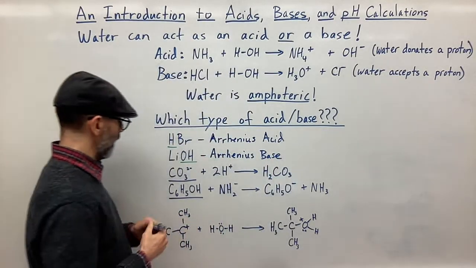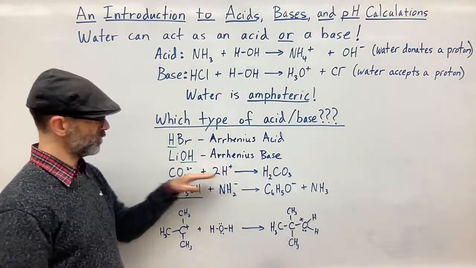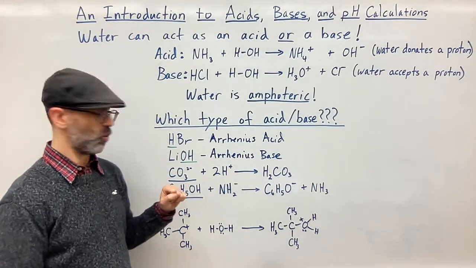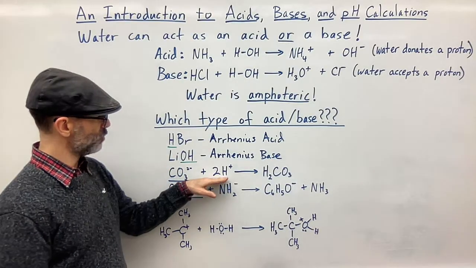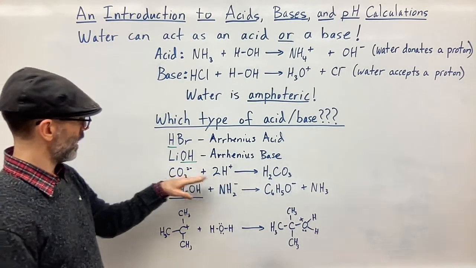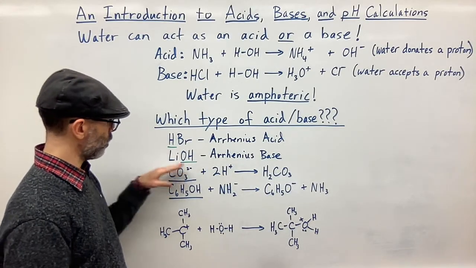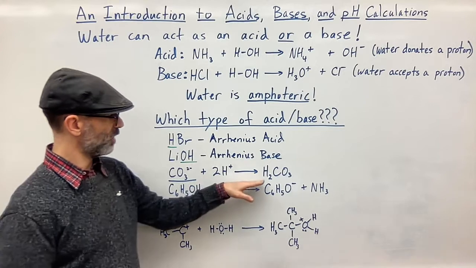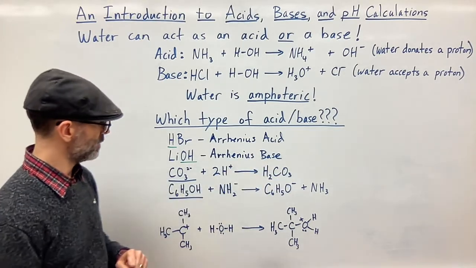All right. Now, what about CO3 2 minus? So if you look at the reaction, it'll kind of give it away. So here we have CO3 2 minus. We have two H pluses here, and the H pluses are picked up by the carbonate ion, and it's going to form H2CO3, your carbonic acid.